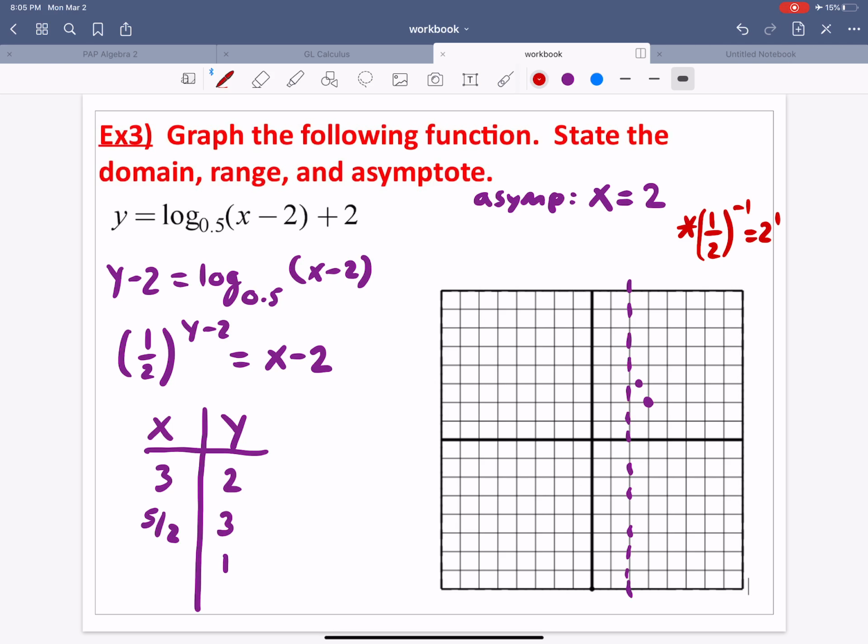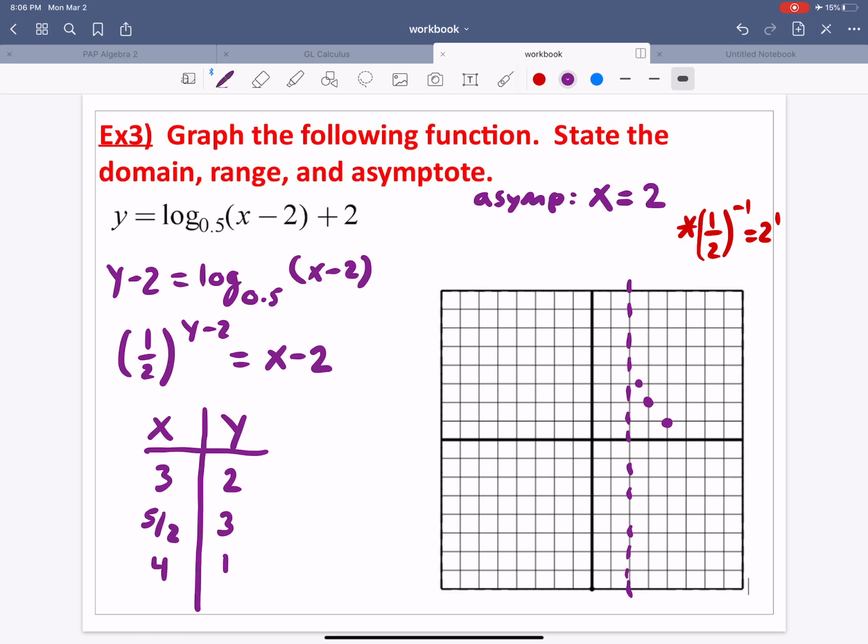So 1/2 to the negative 1 power is 2, and then if I add this 2 to the other side, I get x equals 4. I like the symmetry. Some of you OCD people want that 4 to be the same color as well. So when y is 1, x equaled 4. So I go over to 1, 2, 3, 4, and go up to 1.